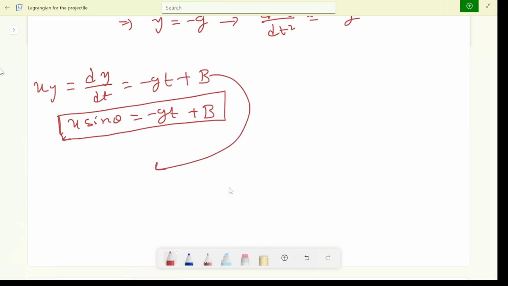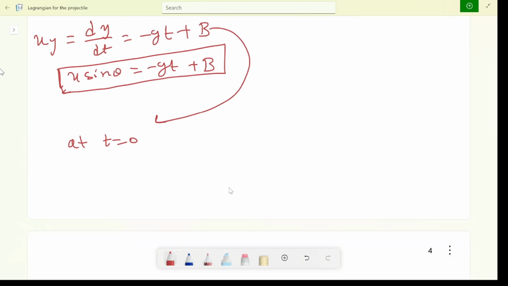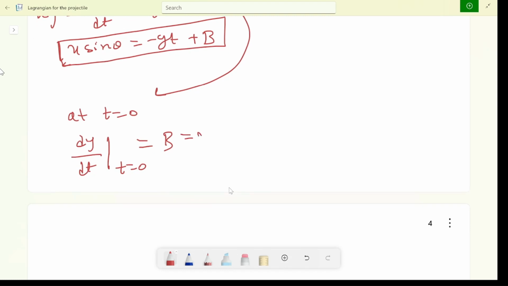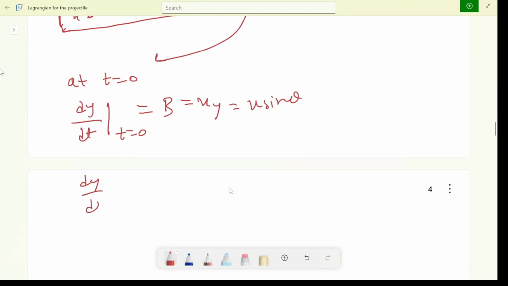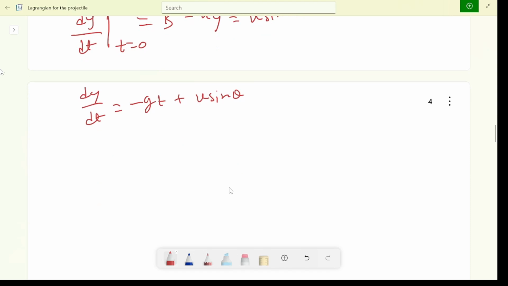Notice with this equation that at t is equal to 0, the derivative of y with respect to t is just going to be, we put t equals to 0, so it is just going to be b, which is uy is equal to u sine theta. So we get dy by dt is equal to minus gt plus u sine theta.